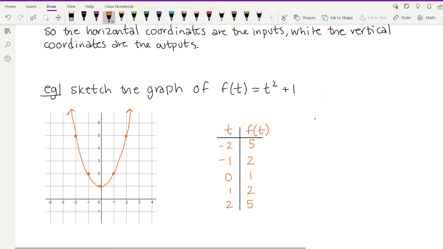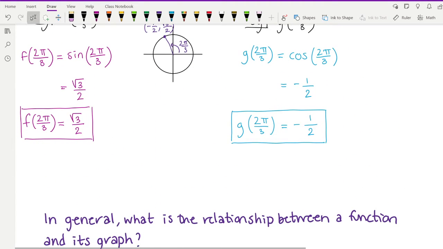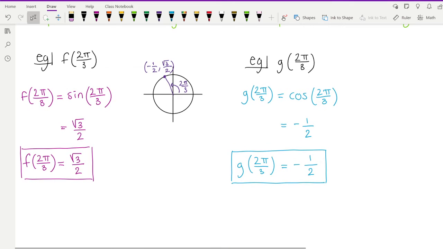Before we get to actually sketching those graphs, I want to do one more thing with what we did above. In each of these statements that we wrote down, we found that f of 2 pi over 3 is square root of 3 over 2, and that g of 2 pi over 3 is -1/2.